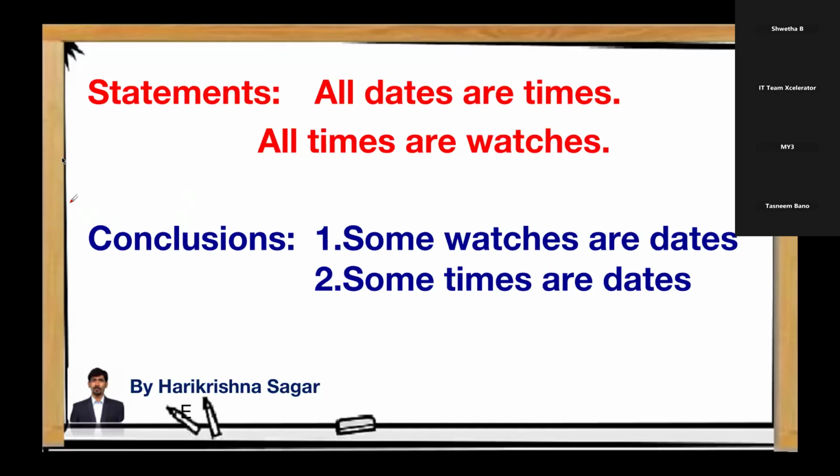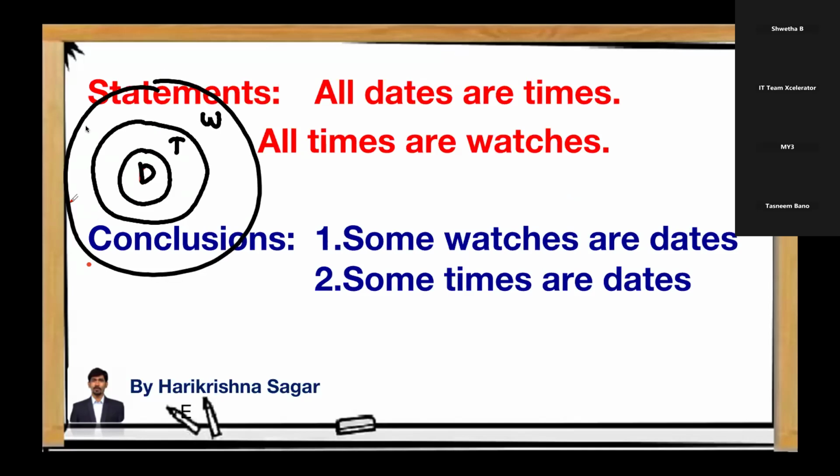Very good. Good response from the students. So let's look at all dates are times. How can we represent? Let's take these are the dates. All these dates are times. All times are watches. We are done with the diagram.